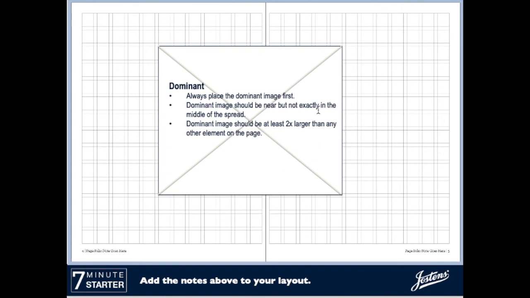So if you look at this, it looks close to the middle, but you have a little bit more space at the bottom than at the top, and you have a little bit more space on the right than you do on the left. Your dominant image should also be at least 2 times bigger than any other element you put on the page. Any other picture or text, your dominant image should be at least 2 times bigger than that. It can be more than 2 times bigger, but it should not be less than 2 times bigger.